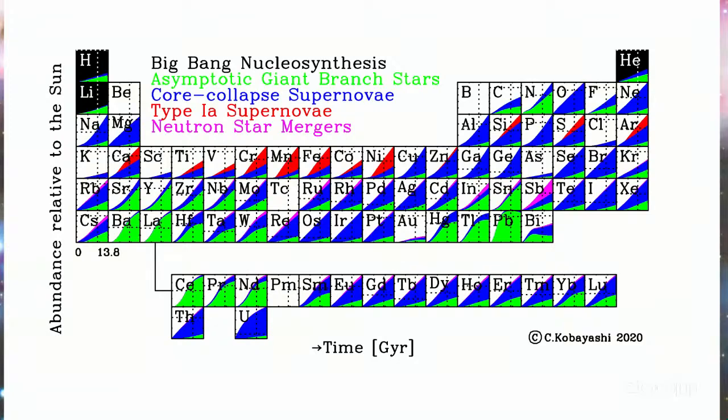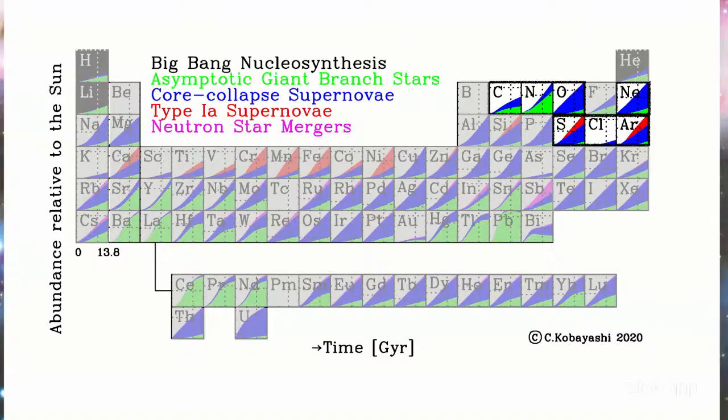I will mention something about asymptotic giant branch stars, and also Type Ia supernovae. So I will focus on these elements. For my first part, neon, sulfur, chlorine, and argon. I will mention just a little bit of chlorine. And then I will focus on these elements that are here.